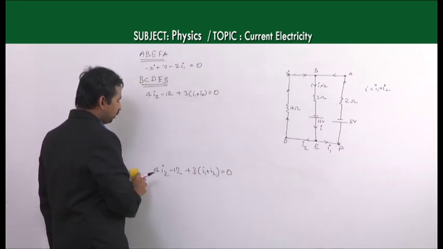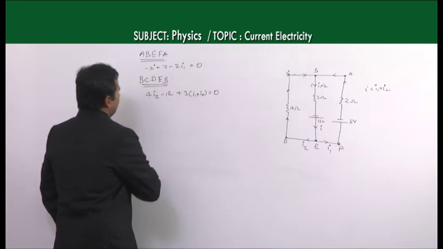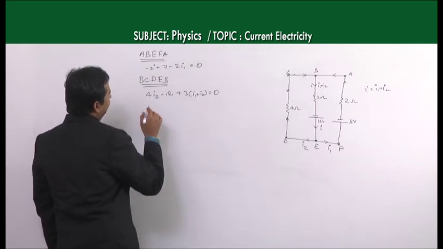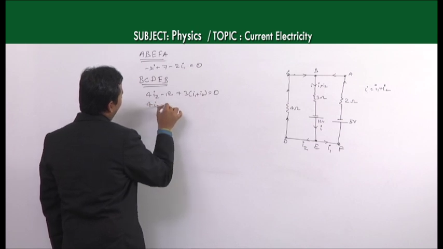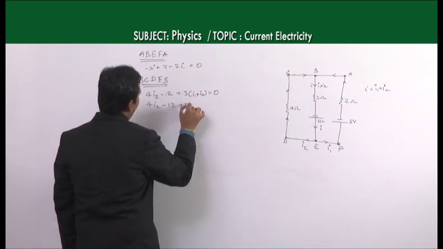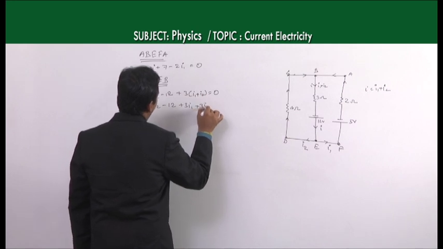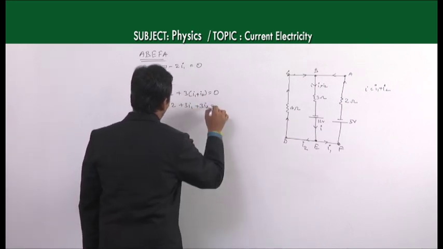This is the second equation. If you simplify it, you will get 4 of I2 minus 12 plus 3 I1 plus 3 I2 is equal to 0.